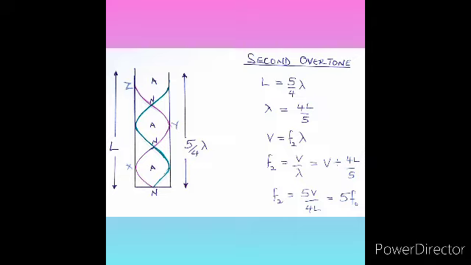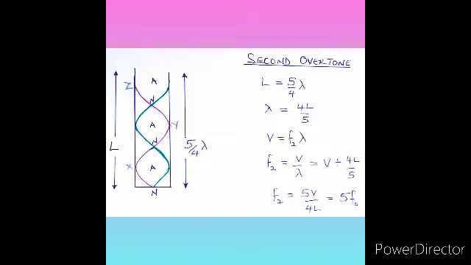The length of the pipe still remains L, and then the wavelength going from N to X using the red line is a quarter of a wavelength. From X to N is also a quarter. From N to Y is a quarter. From Y to N is a quarter. And from N to Z is also another quarter of a wavelength.